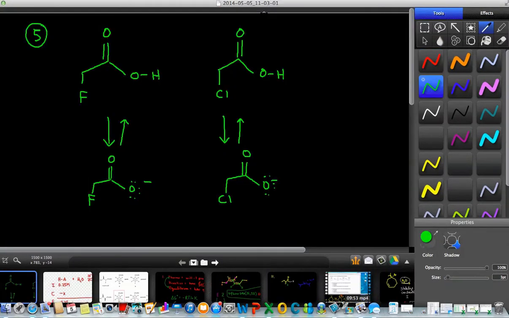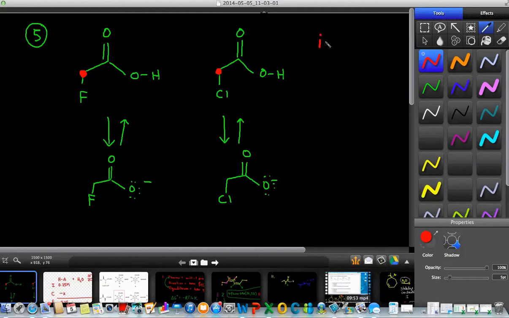All right, so when we look at number 5, we have a competition between two acids, fluoroacetic and chloroacetic. They're identical except chloroacetic replaces one of the hydrogens with a chlorine, whereas fluoroacetic replaces one of the hydrogens with a fluorine. And the overriding effect here is called the inductive effect.